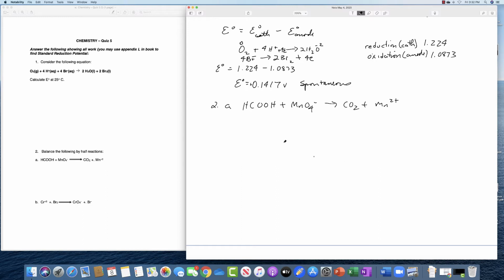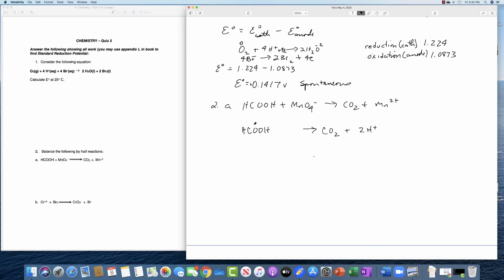So you have 2 half reactions here. We're going to do this by half reactions. The first half reaction is HCOOH goes to form CO2 plus 2H plus.